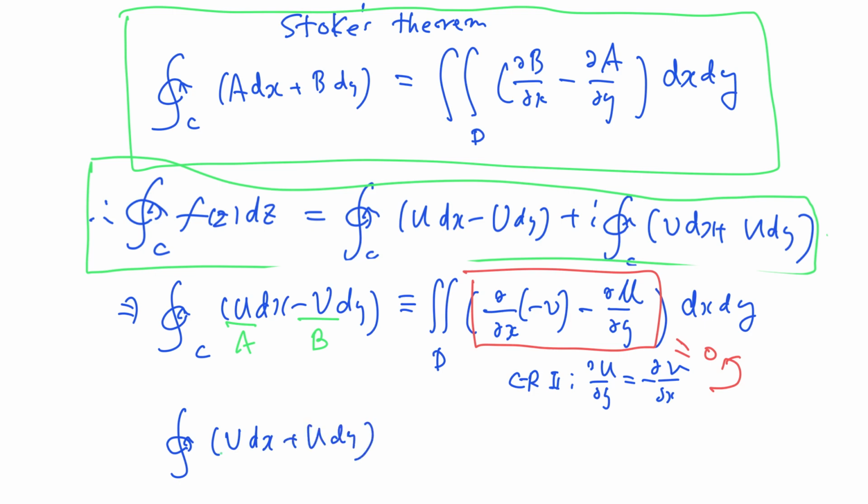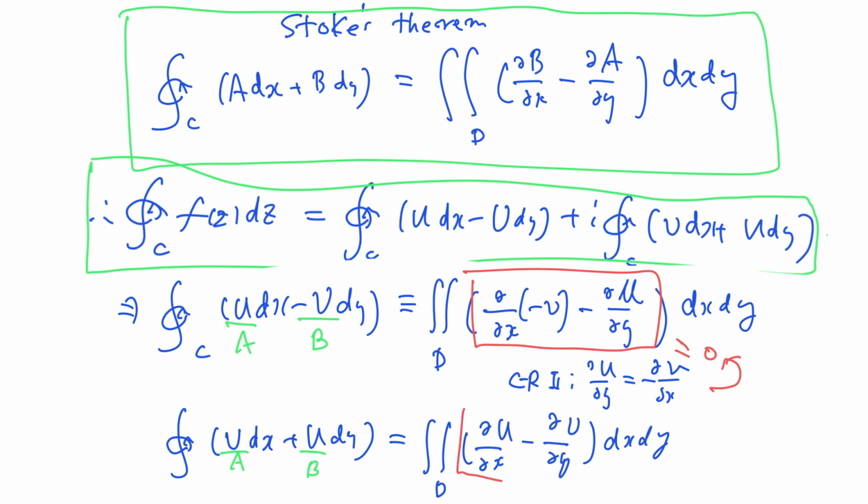So this is a, this is b. So this is the integral of partial u over partial x minus partial v over partial y, dx dy. And again, this is what? 0. Cauchy-Riemann condition, right?